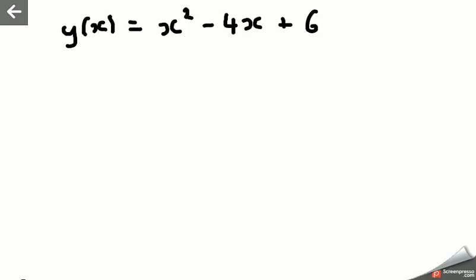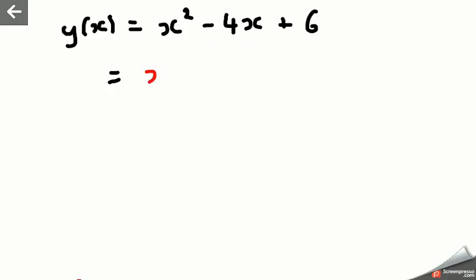Completing the square means we should factor out a. Well, a is already 1, so we don't even need to factor that out. So let's just divide our b term by 2, then square it, and add it and subtract it. The b term divided by 2 is negative 4 divided by 2, so negative 2. Negative 2 squared is 4. So plus 4 minus 4.